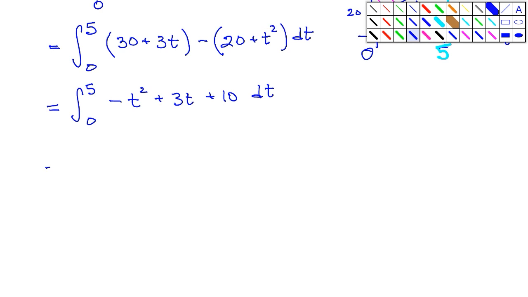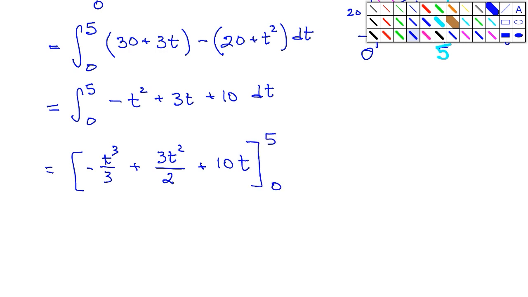Find the antiderivative. So it'll be negative t cubed over 3 plus 3t squared over 2 plus 10t, evaluated from 0 to 5.